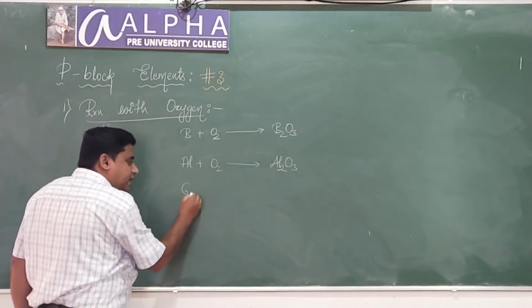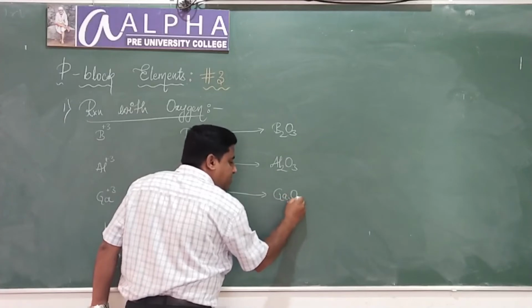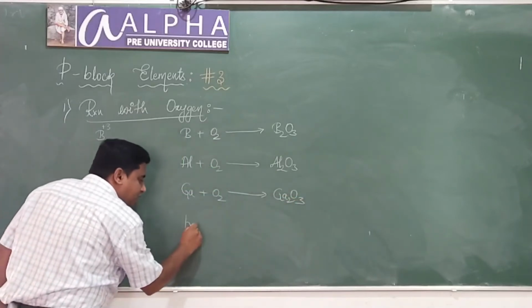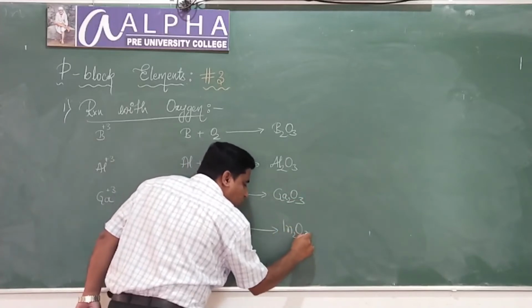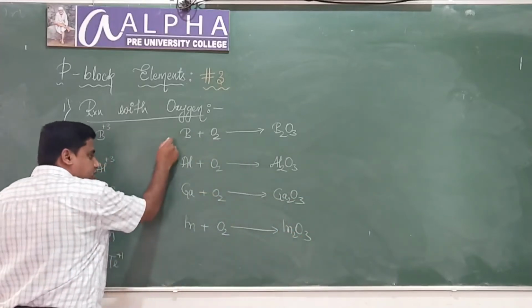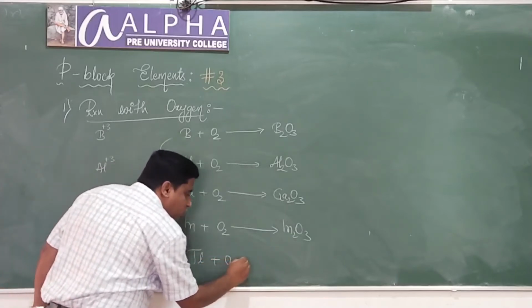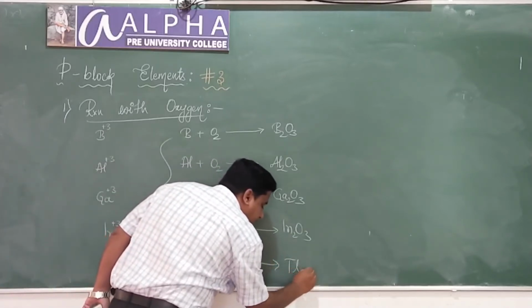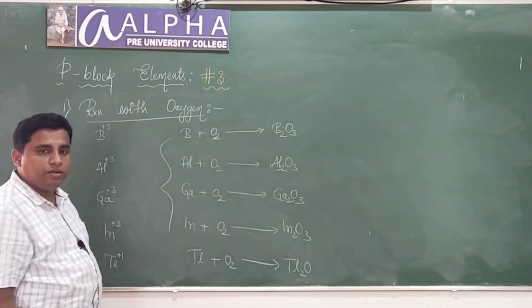When gallium reacts with oxygen, it forms gallium oxide of the type Ga2O3. Indium, when it reacts with oxygen, it forms indium oxide of the type In2O3. Whereas thallium reacts with oxygen to form thallium oxide of the type Tl2O. Got it? Simple? Okay?